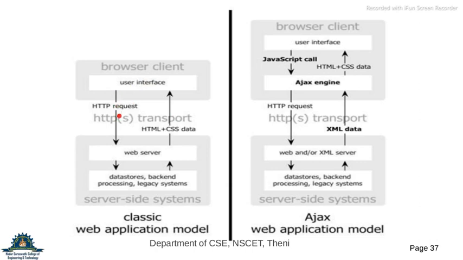He'll be sending the HTTP request, and it will be received by the web server, and it will be processed either for any kind of functions, like database access, or file access, or any legitimate systems like password verification. It will be going through, and after that it will be sending back to the client in the form of HTML and CSS. So this is the traditional way.